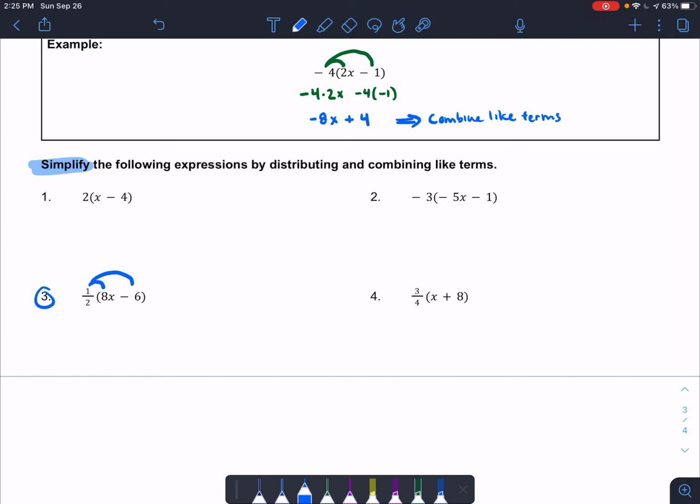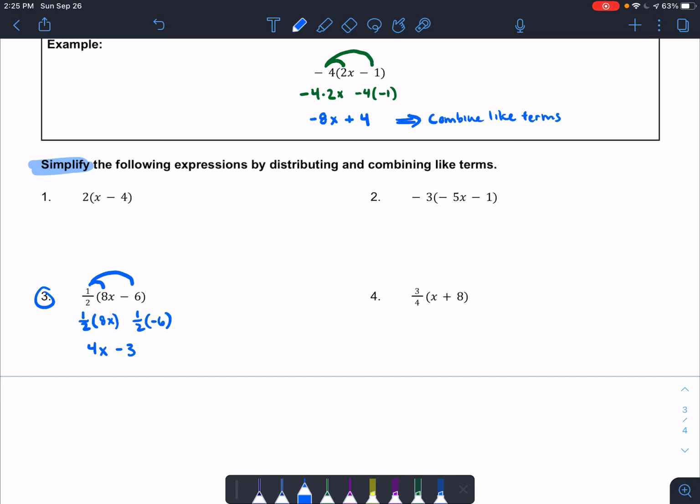So what I'm really doing here is 1/2 times 8x, and 1/2 times -6. Well, 1/2 times 8x, half of 8 is 4, so 4x. And half of -6 is just -3, so -3. And there you go.